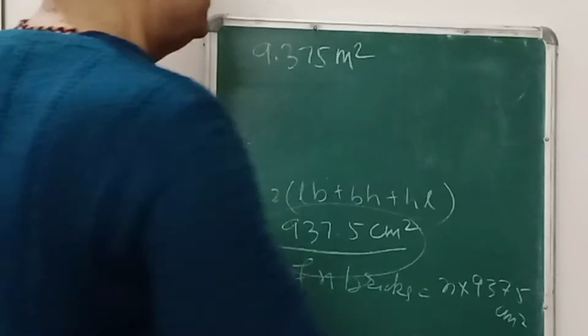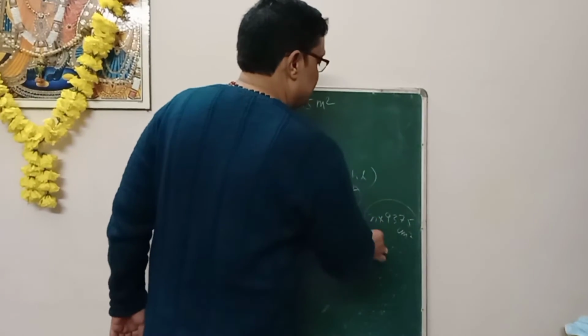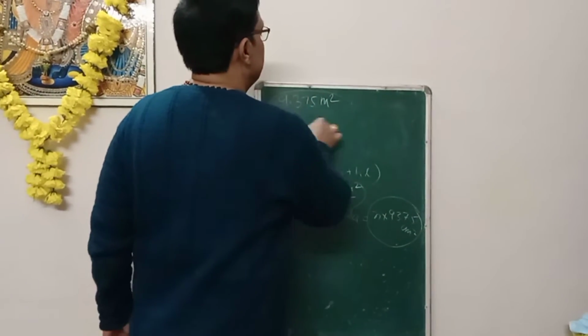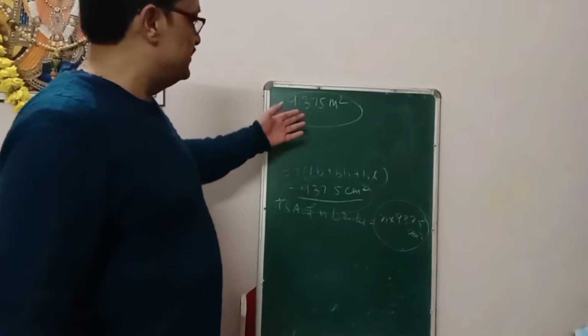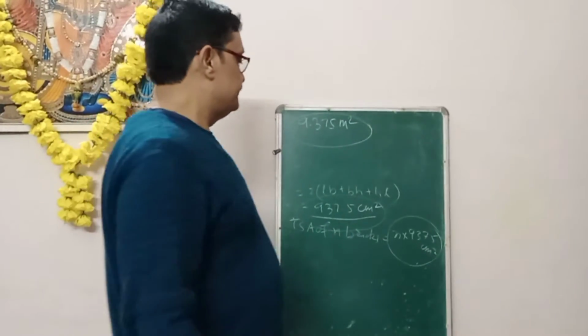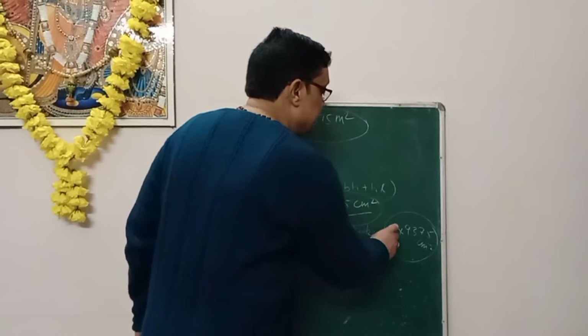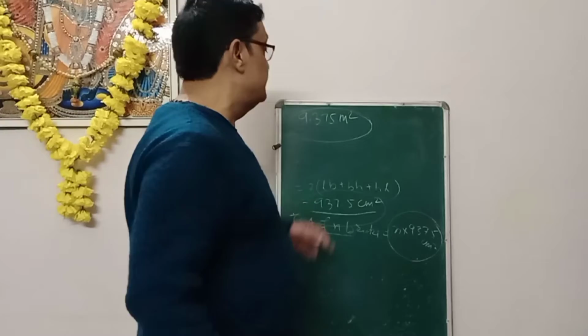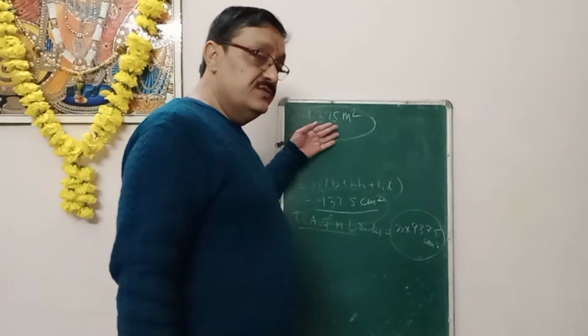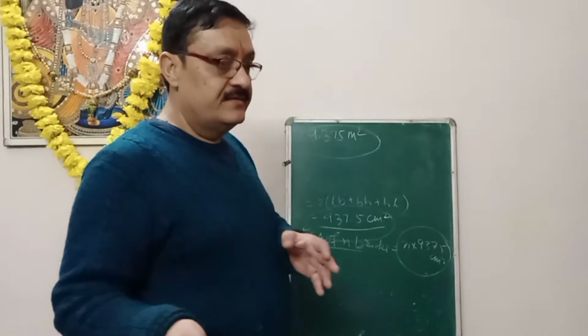So we need to make these two into the same units, and then upon equating we will get the value of n, because if that paint is able to paint n bricks, the area of these n bricks should be equal to the area which can be painted out of that paint.